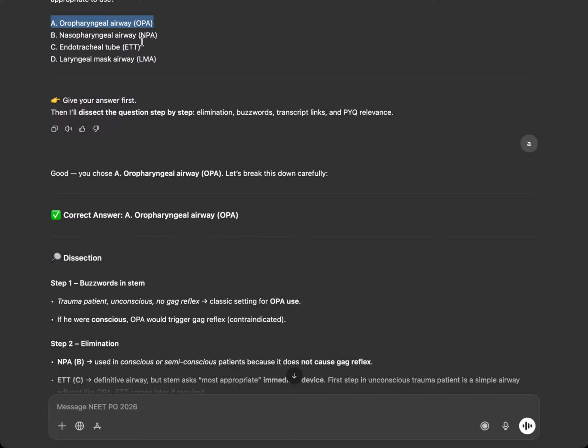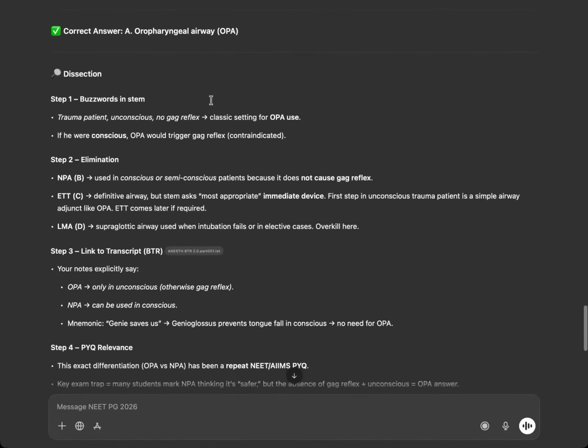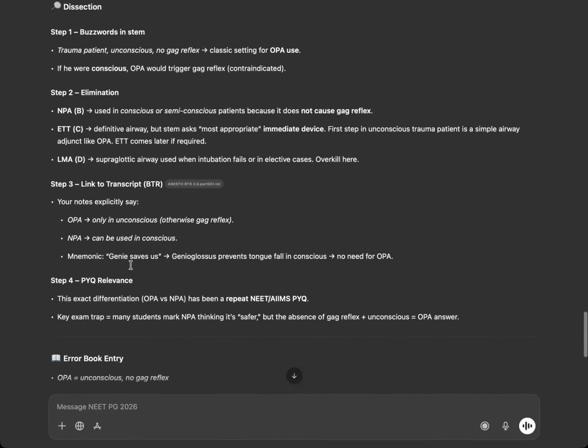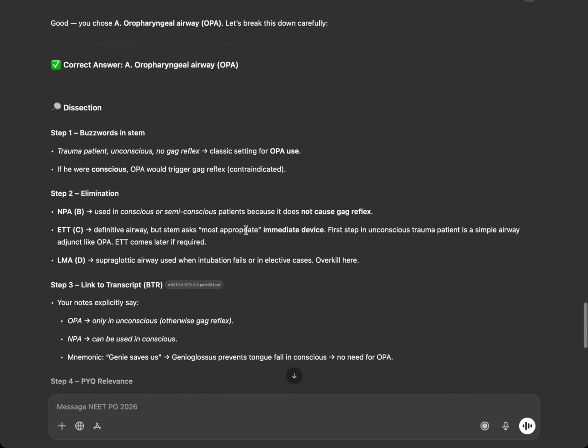We use it in unconscious people because, as chat has said, genioglossus prevents the tongue fall in conscious people. When they're unconscious, there is a high chance of tongue fall. So to prevent that, we use it. Guedel's oropharyngeal airway is C-shaped, like an inverted horizontal C, so it keeps the tongue intact and prevents it from falling.